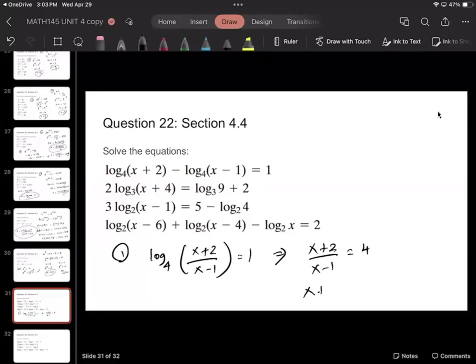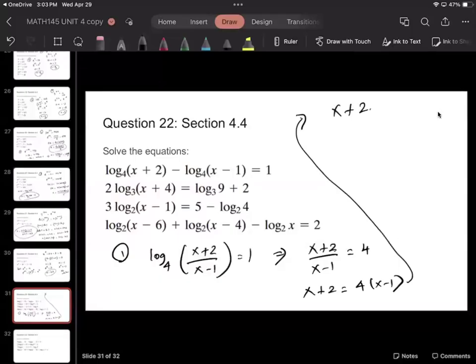Then I will cross multiply like so. Okay, I'm sorry that I need to take it like this. So then I expand the right side. I move things around and I get x equals 2. I should always check my answer for a log equation.